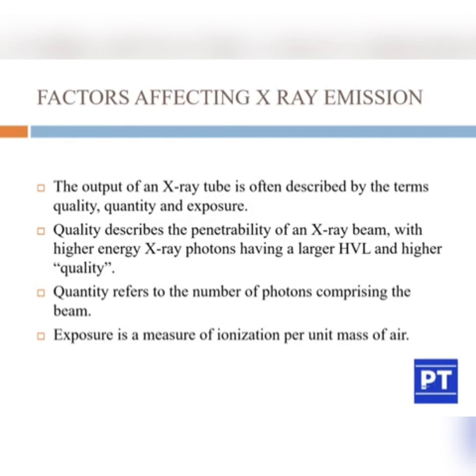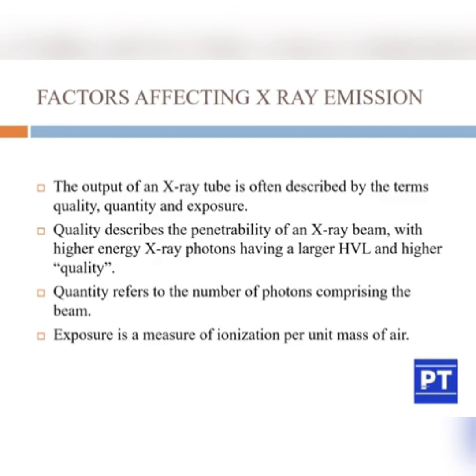So which are the factors affecting the X-ray emission? The output of an X-ray tube is described in 3 terms: quality, quantity as well as exposure. Quality describes the penetrability of the X-ray beam.